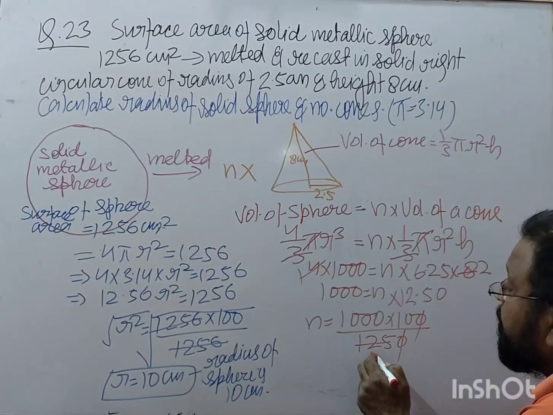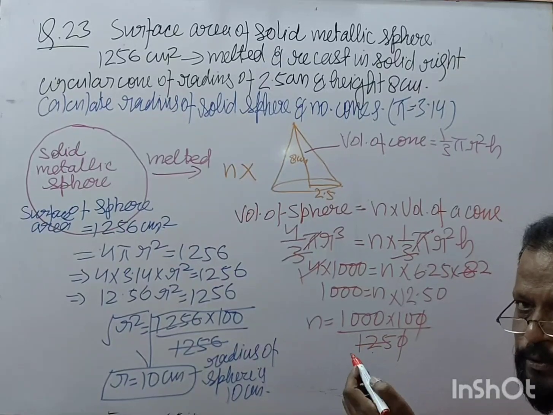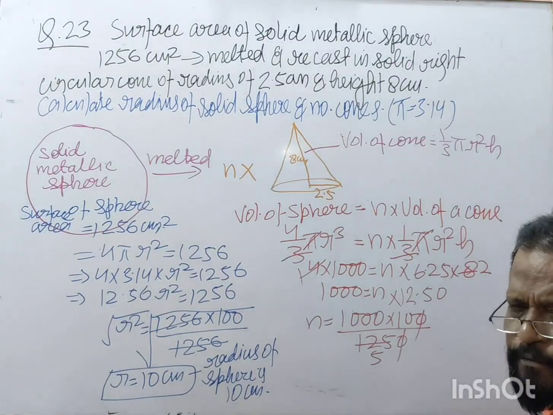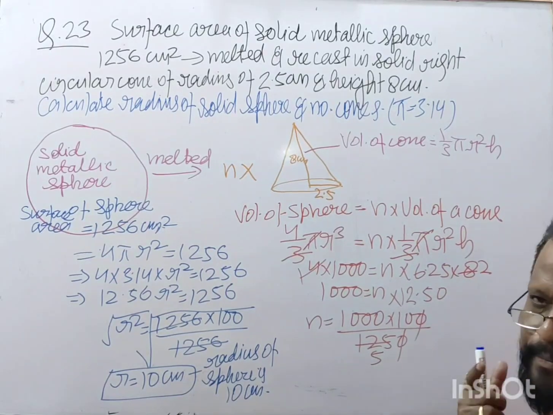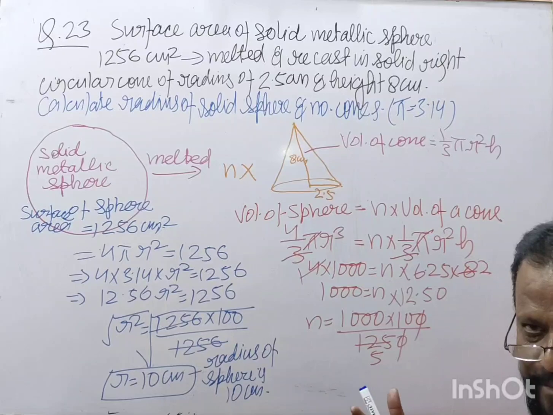This is cancelled out. 5 times 25 becomes 125.